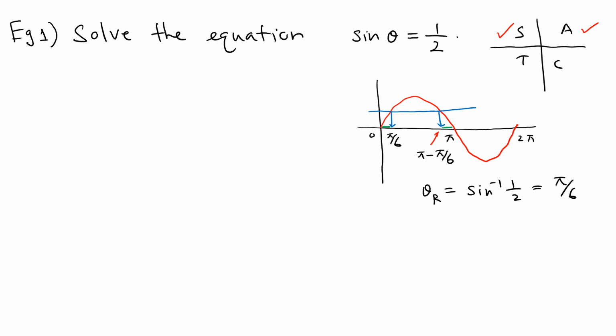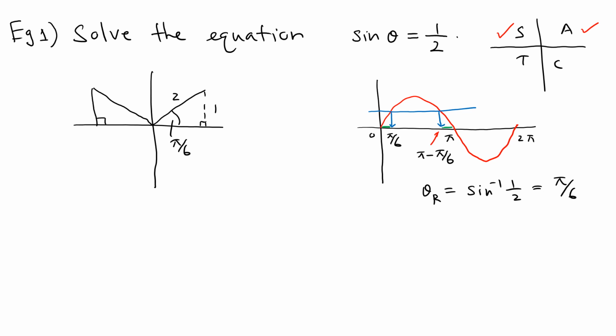So we can also see this in the quadrant setting. So these are the quadrants, and that is in the first quadrant. This is the value pi over 6, and this is opposite over hypotenuse. And then the value in the second quadrant, you can draw it like that.